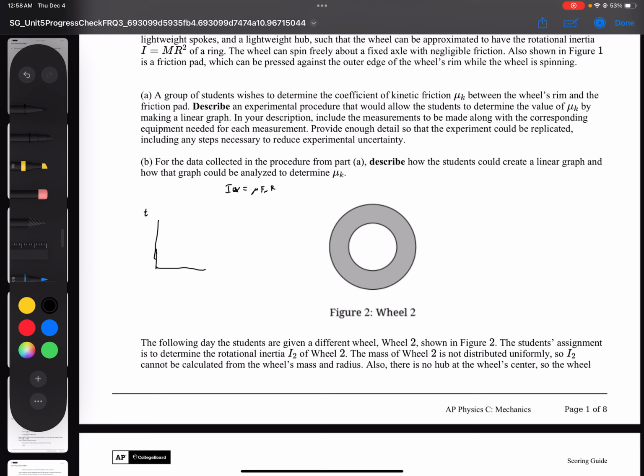And then we can measure the initial angular velocity. So I know that angular acceleration is the change in angular velocity over time. And the change in angular velocity, where its final velocity is going to be 0. So let's just look at the magnitude of that. So I times omega over t is equal to mu times normal force times R.